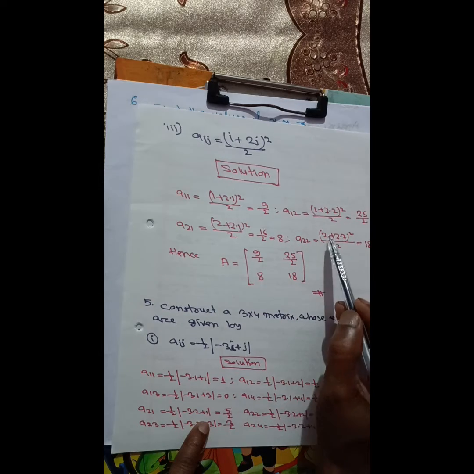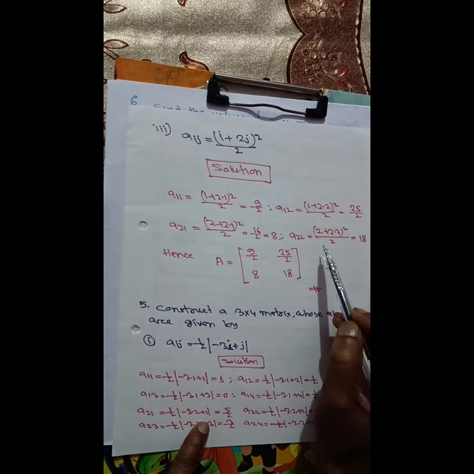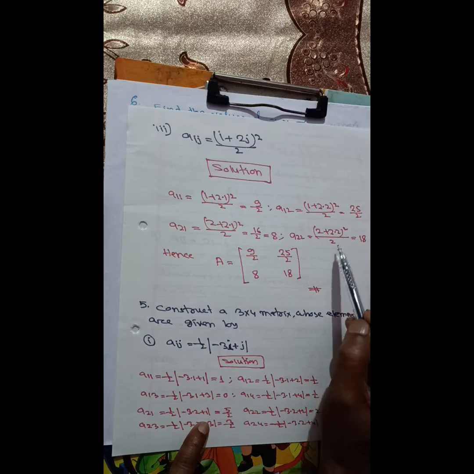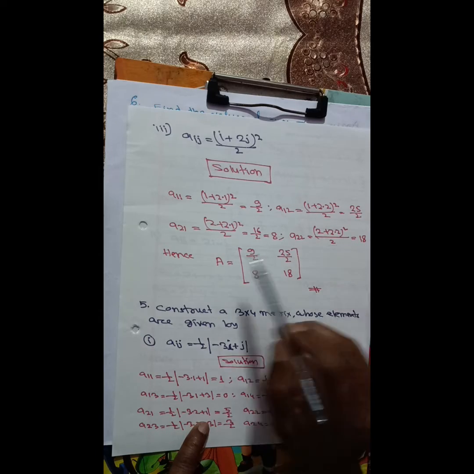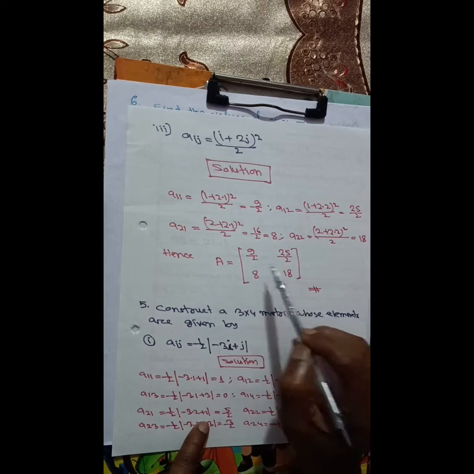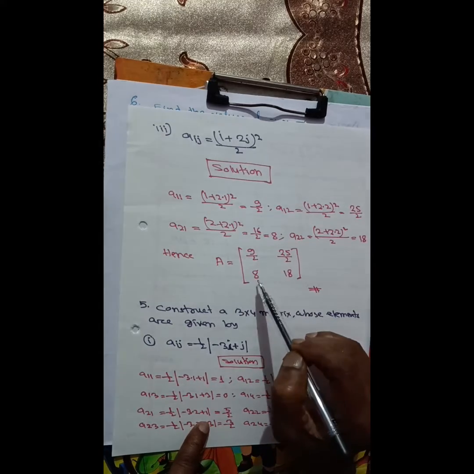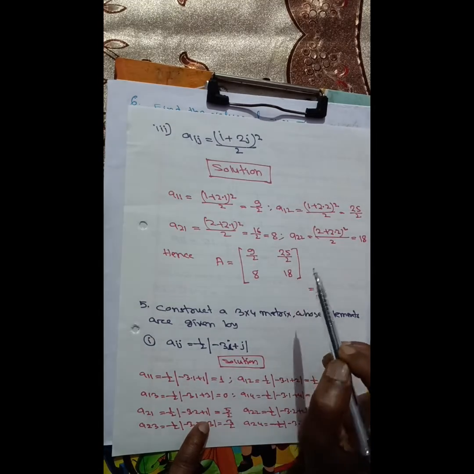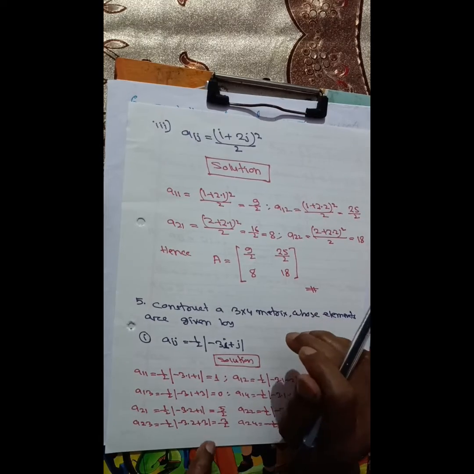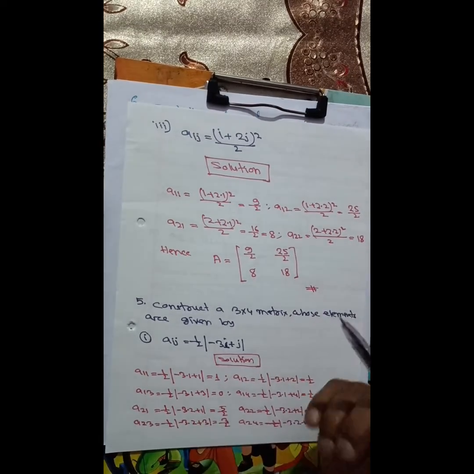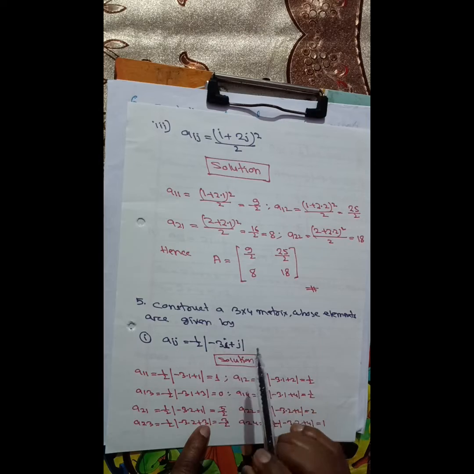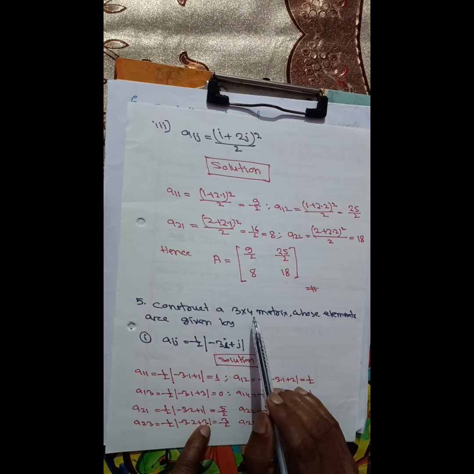If i is 2, j is 2, it gives 36 by 2, equal to 18. So this is a matrix of order 2: 9 by 2, 25 by 2, 8 and 18.